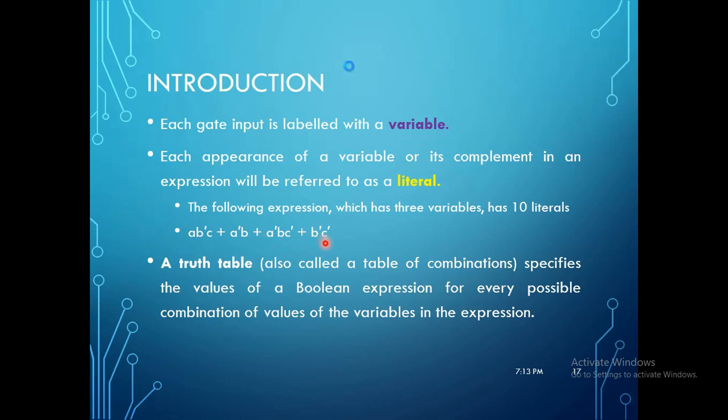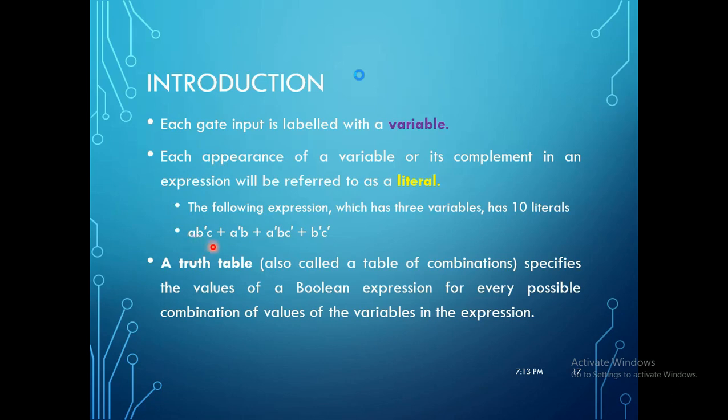So you can understand now what a literal is: each appearance of a variable or its complement. Here B is a variable, but B bar is the complement of this B variable, so B bar is considered as a literal. A is also considered as a literal. A, B, C are the variables.